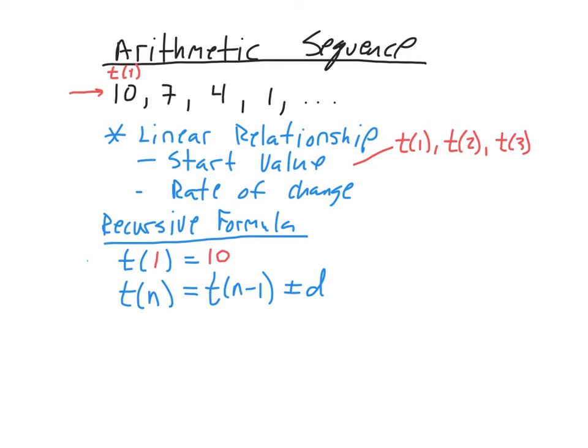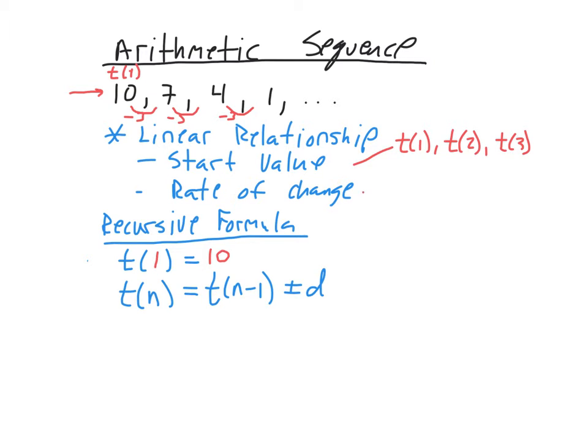Then the rule says, oh, all I need to do is add or subtract the common difference. Well, I have to calculate that first. My common difference, if I go and pair up these numbers, I can see what my common difference is. 10 down to 7 is minus 3. 7 to 4, minus 3. 4 to 1, minus 3. I see a trend.